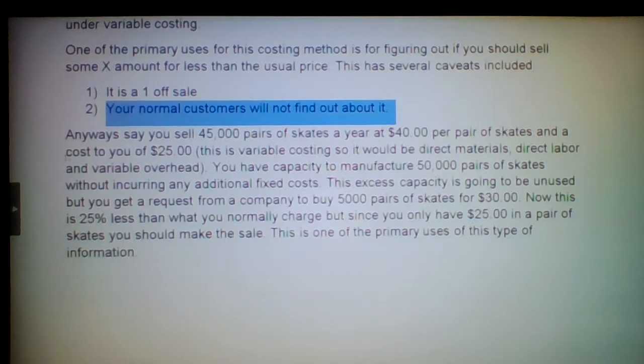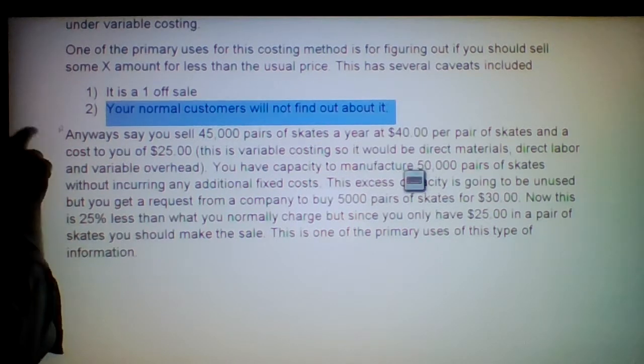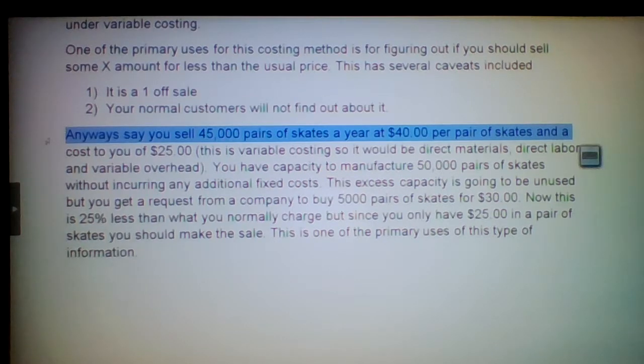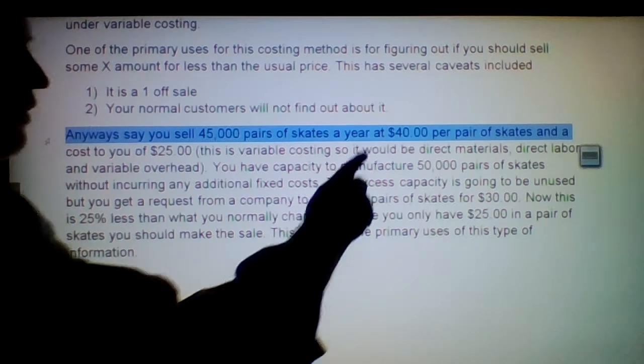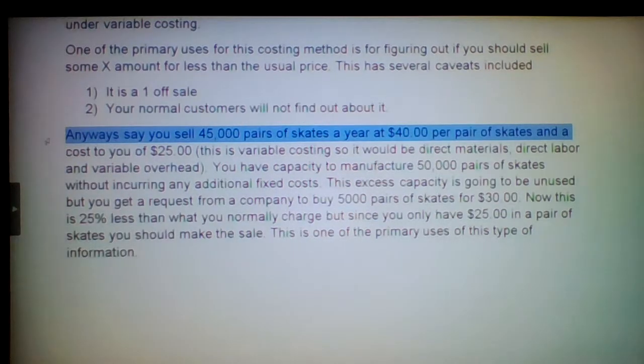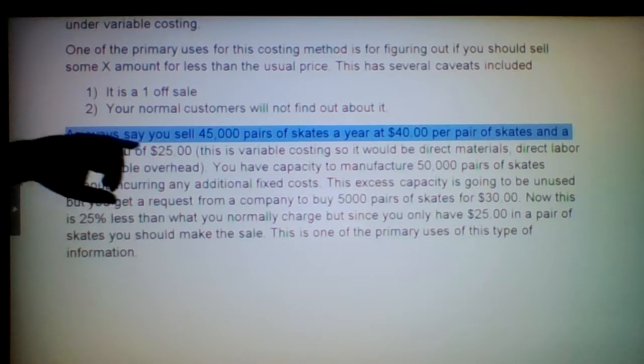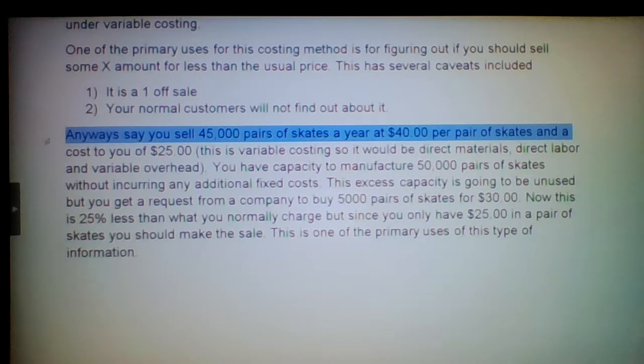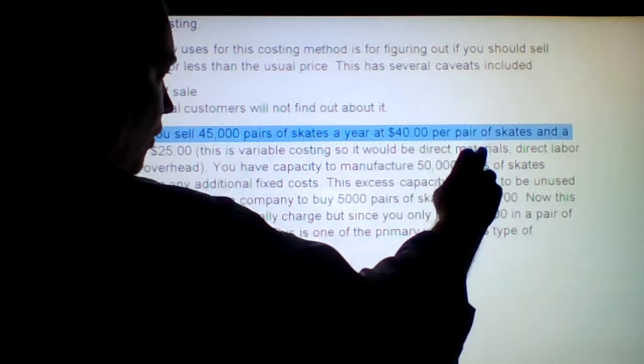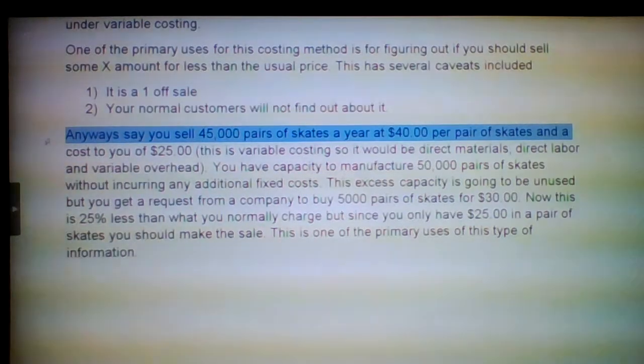Okay? So in this instance, your factory has a capacity of making 50,000 pairs of skates per month without incurring any increased fixed cost. So in this month, you sell 45,000 pairs of skates at $40 per pair, and a variable cost to you of $25. This is variable costing, so it'd be direct materials, direct labor, and variable overhead.